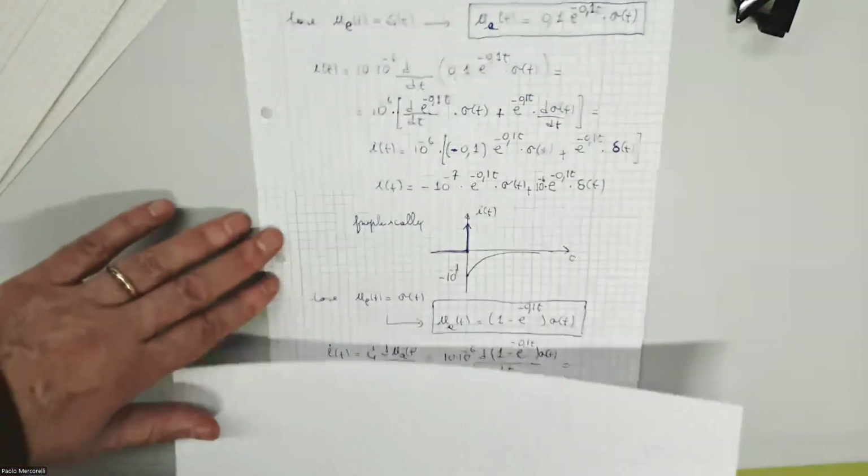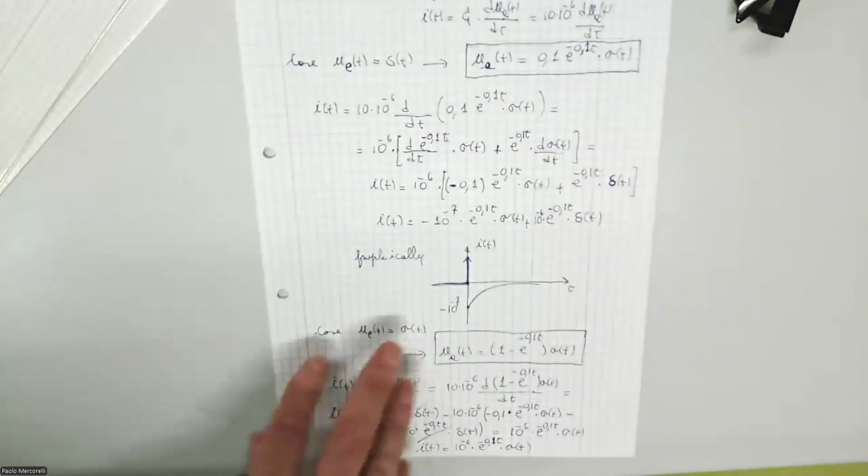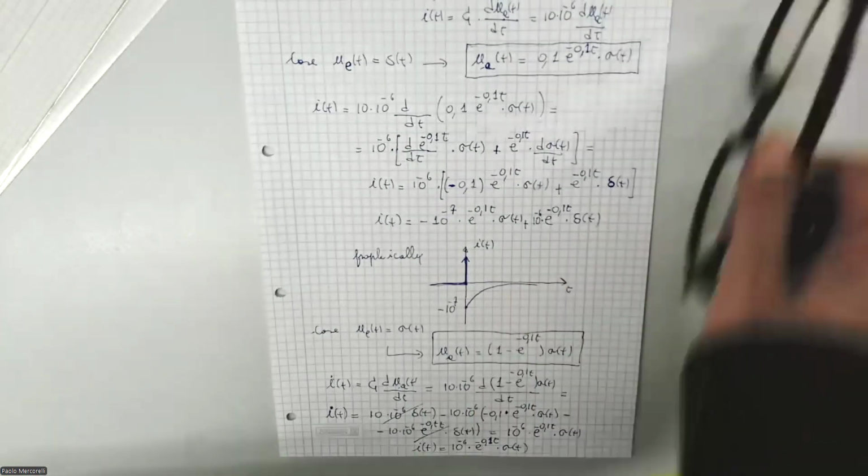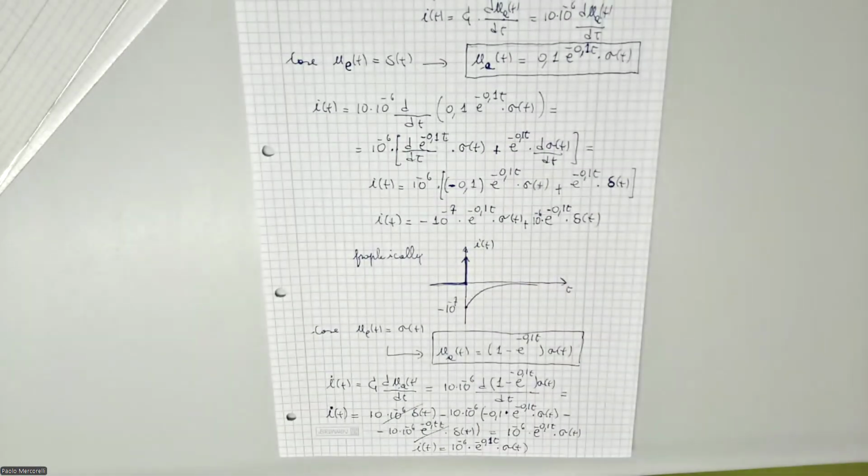But before showing the calculation, look at the picture. We can see that the current, it seems, when we look at the calculation, is not only discontinuous. I calculate the current in case the input voltage is an impulse.